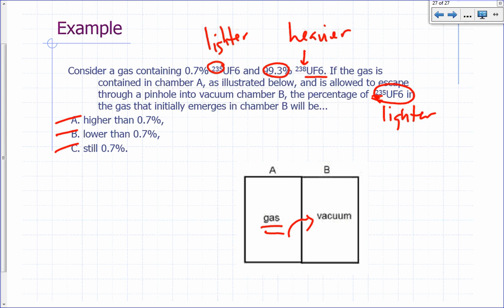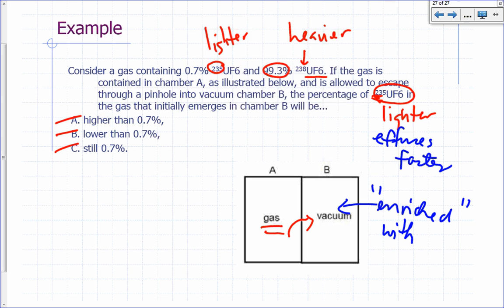Let's see, which one effuses faster? The lighter will effuse faster, right? So uranium-235 will effuse faster, so what comes out here is enriched, we say, with the lighter isotope, which would be uranium-235 hexafluoride.